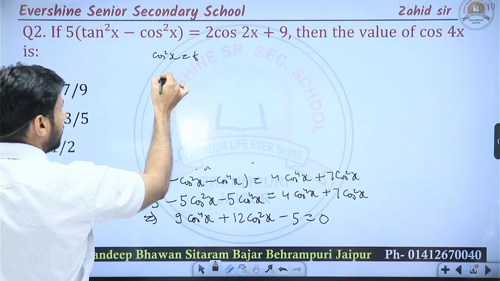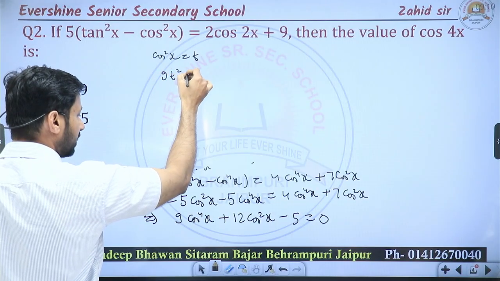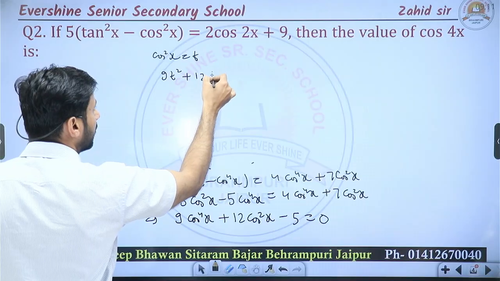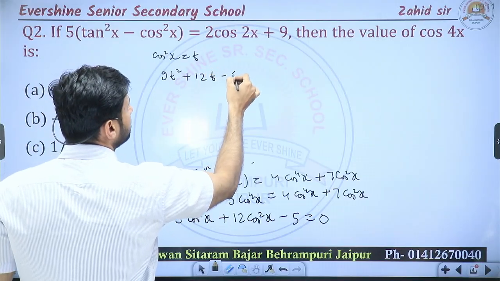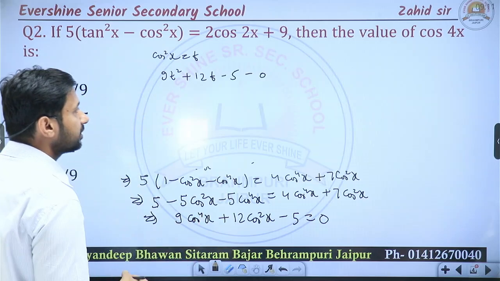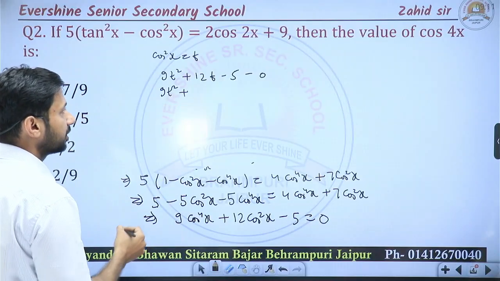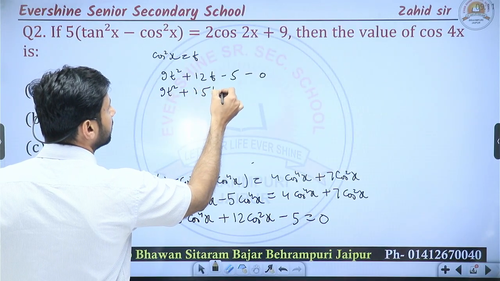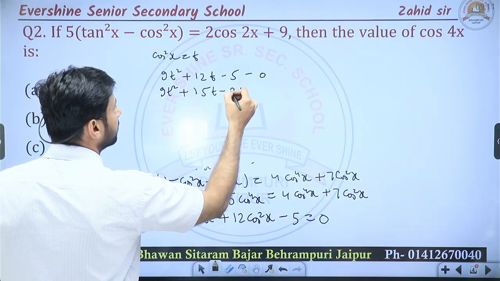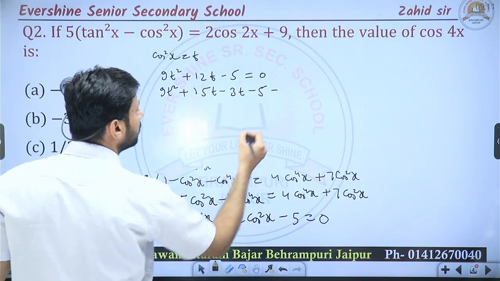So it will be a quadratic equation, 9t square plus 12t minus 5 equal to 0. Now I can factorize it. So 9t square plus 15t minus 3t minus 5 equal to 0.